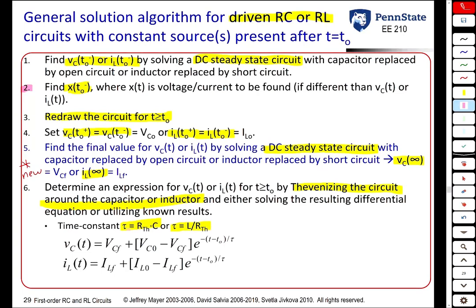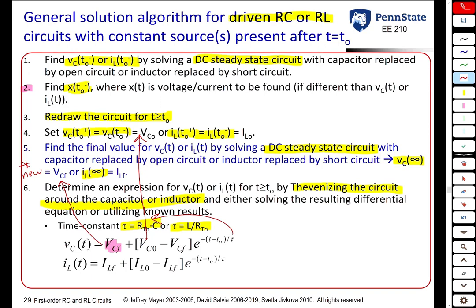Once we have all that, we can find that the voltage across the capacitor is the final value, which we got in this new step 5, plus the initial value, which we got in step 4, minus the final value, times e to the minus t minus t naught over tau, where tau we got there.